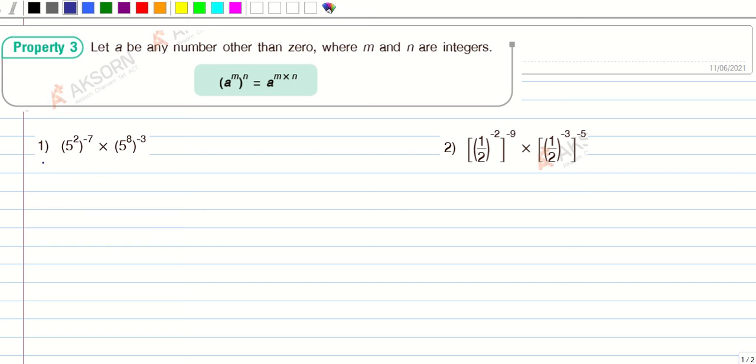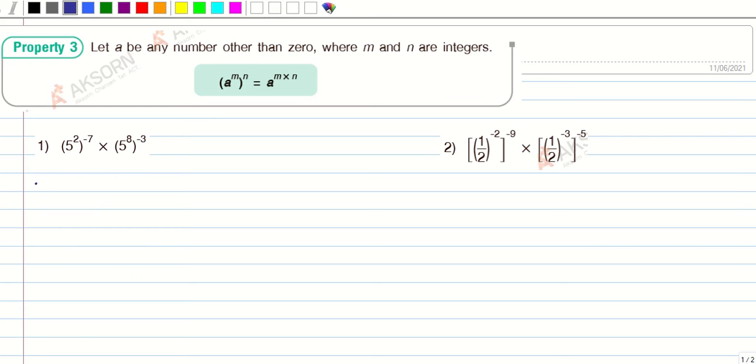do part 1. Okay? Now we say that we have got 5 to the power of 2 into negative 7 times 5 to the power of 8 into the power of negative 3.